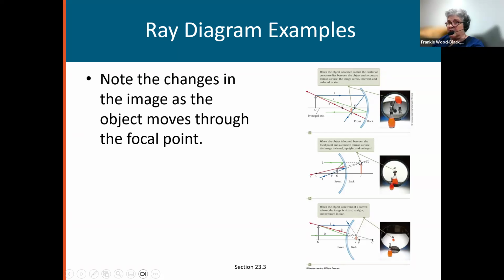And in this case, I'm going to get a virtual image that's upright, and I can work through that as well. And you do have these diagrams in your book. Same with my converging or my diverging mirror or my convex mirror. You can see where it works just the same. So we use the same convention with our rays in order to have that happen.